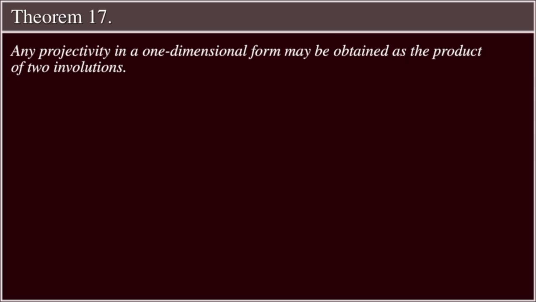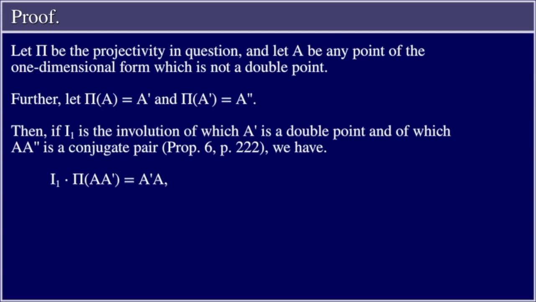Theorem 17. Any projectivity in a one-dimensional form may be obtained as the product of two involutions. Proof: let π be the projectivity in question, and let A be any point of the one-dimensional form which is not a double point. Further, let π(A) equal A', and π(A') equal A''.